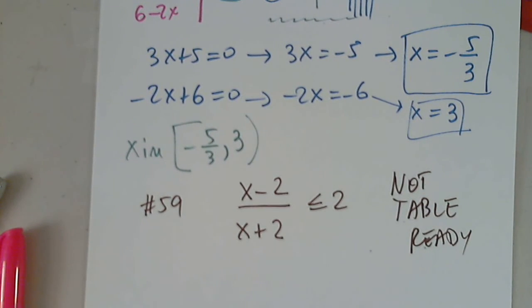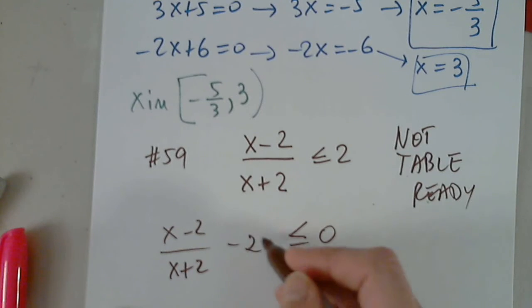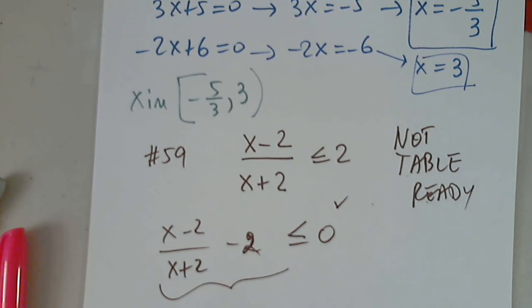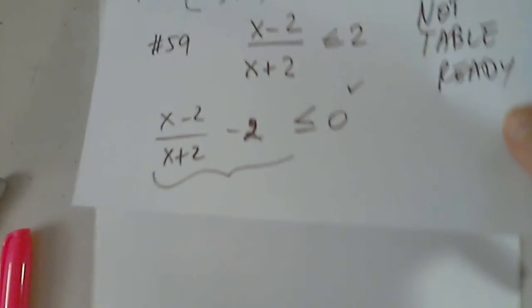For many reasons. I don't have 0 on this side. When I move to the other side to get the 0, then I have a different type of work or task to accomplish. I have 0 here, but this is not a product or a ratio. So I have to do something about it, meaning I have to find the least common denominator.